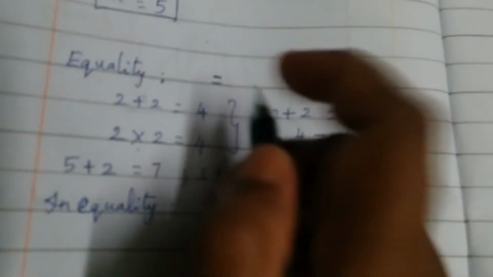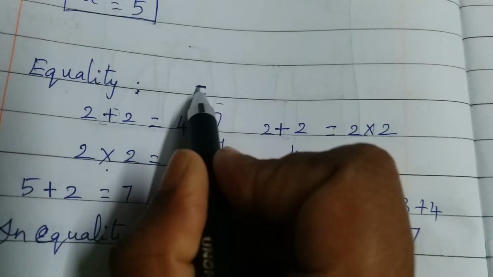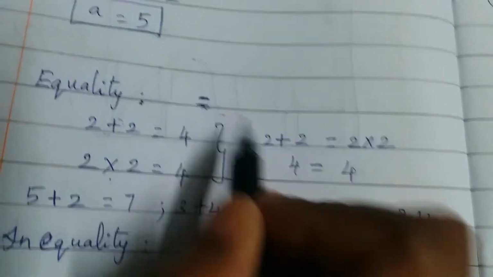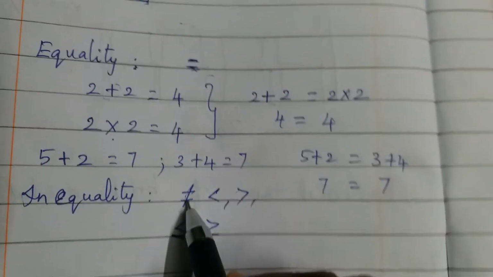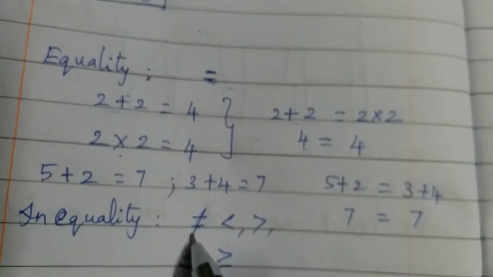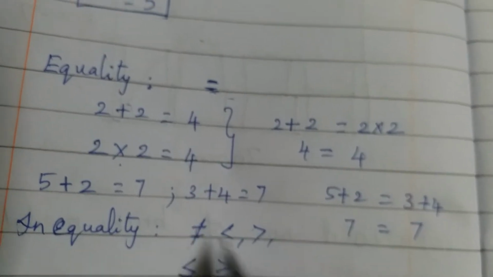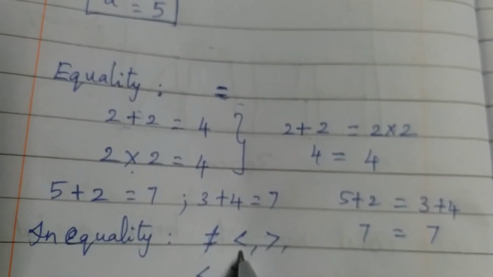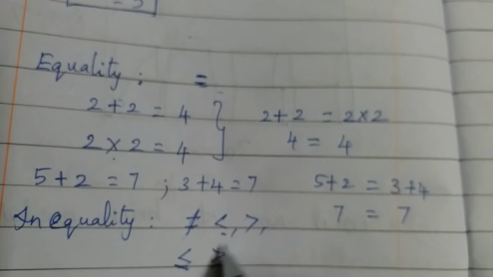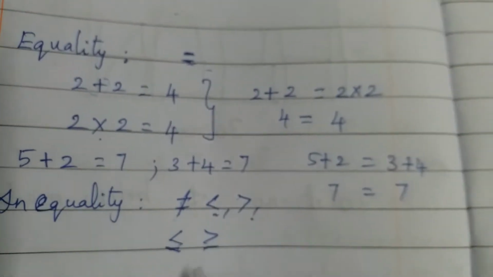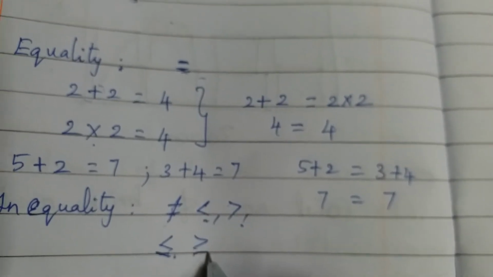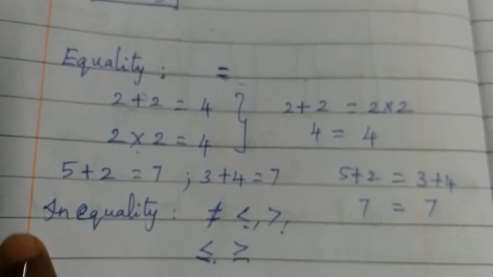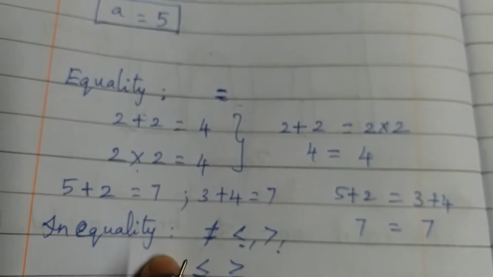The equality symbol is this, two lines, equal, and if you put a dash over it, that is unequal. Next one is less than. This is greater than. Less than or equal to, greater than or equal to. So these are the symbols in inequality.